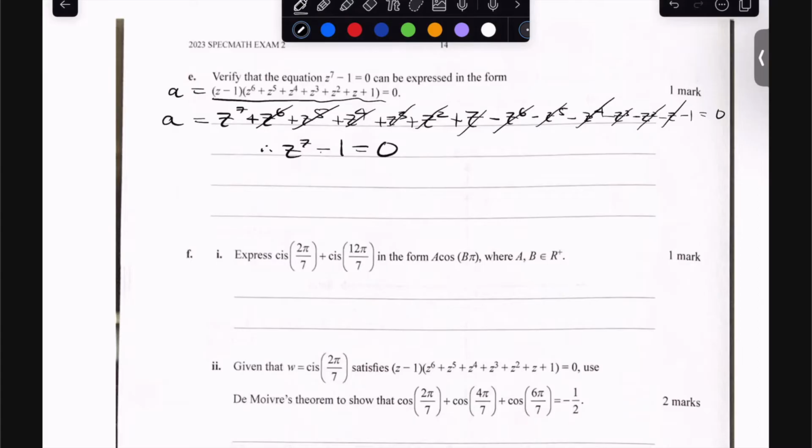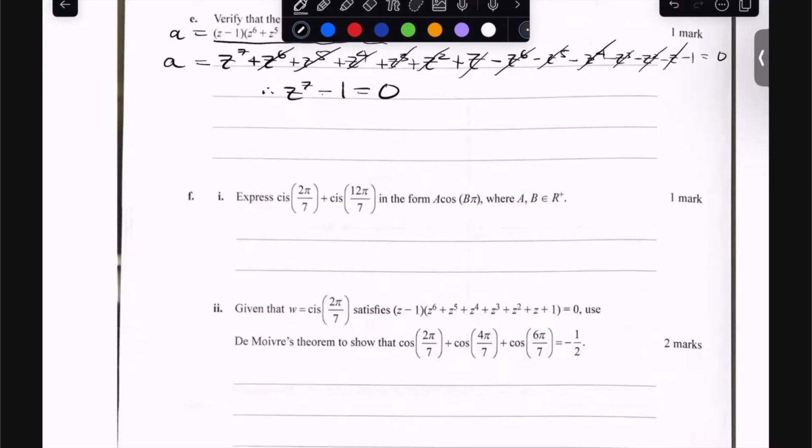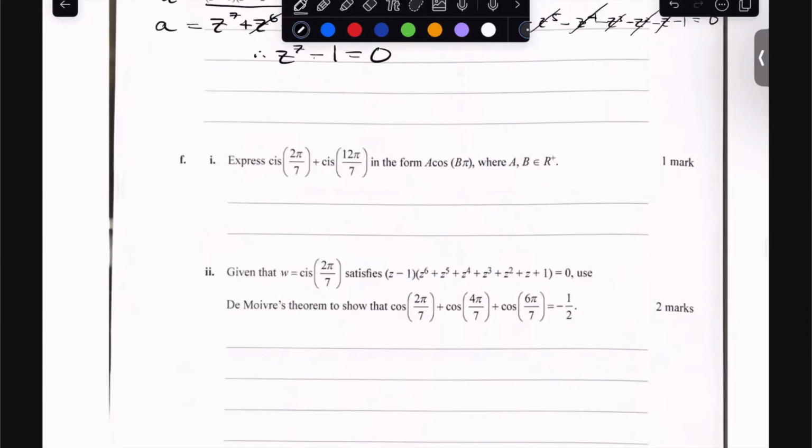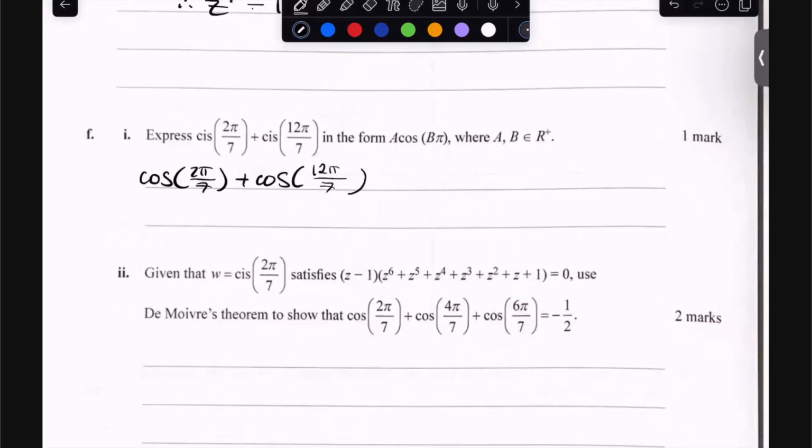Express cis 2 pi on 7 plus cis 12 pi on 7 in the form a cos beta pi, where a is an element of the positive real numbers. So this is just cos 2 pi on 7 plus cos 12 pi on 7, and then plus sine 2 pi on 7 plus sine 12 pi on 7, all multiplied by i.